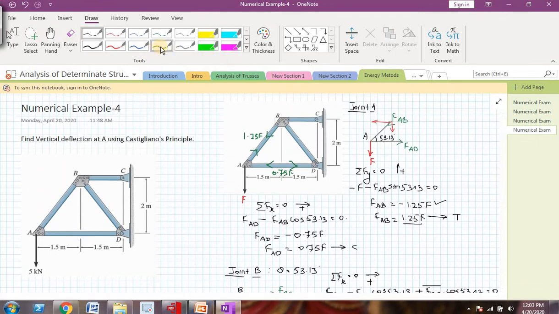So let me just mark those things here. This force in the member BD as compression 1.25 F, and this as tension of 1.5 F.